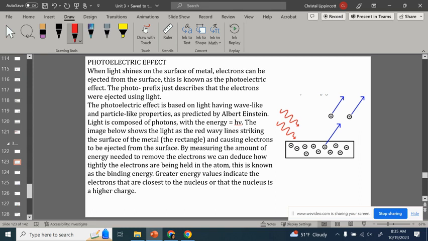So a certain frequency of light has to hit these in order for that to happen. If that light doesn't have that frequency, it just hits it and nothing happens. Okay? But if it gets the right frequency or higher hitting it, then those electrons will pop off. They can capture those electrons, and then that's your electricity. That's how they run different things. Okay?